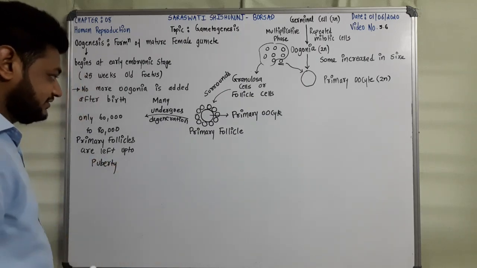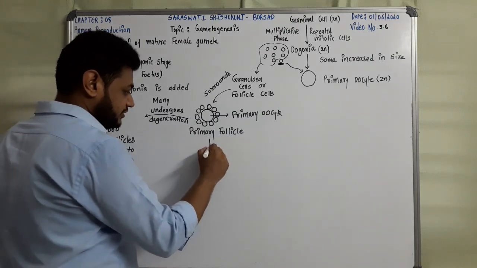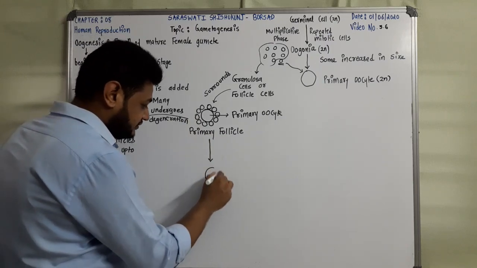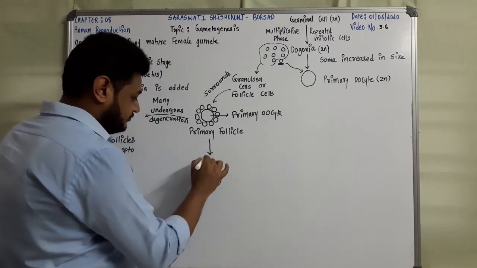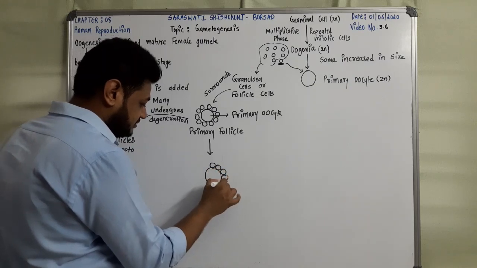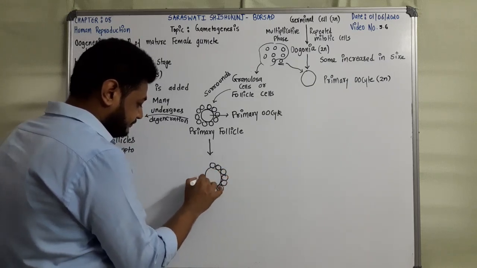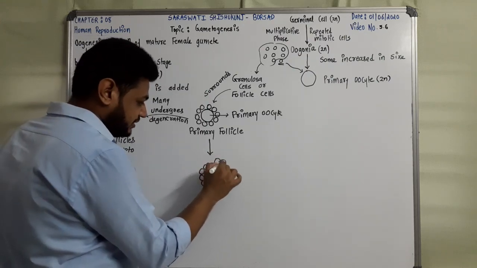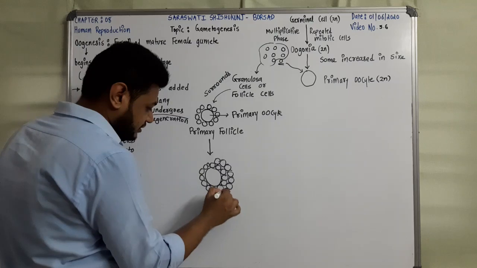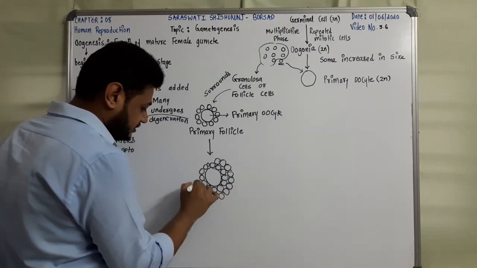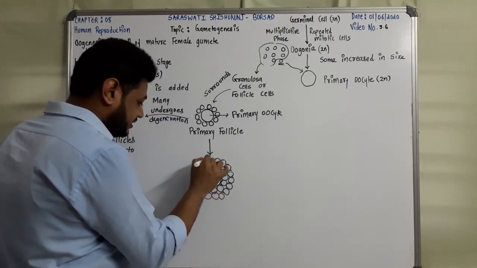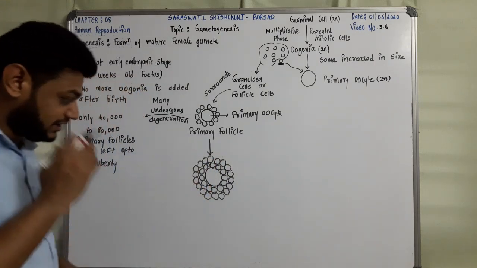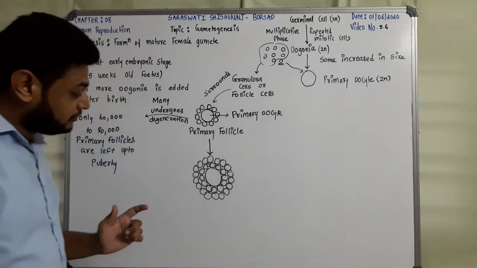Those primary follicles which are left undergo further formation of cell layers, right? Follicle cells get arranged around the primary oocyte, and furthermore granulosa or follicular cells get arranged, leaving small cavities between the cells which are filled with fluid.